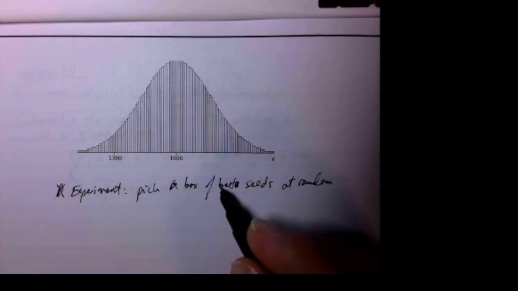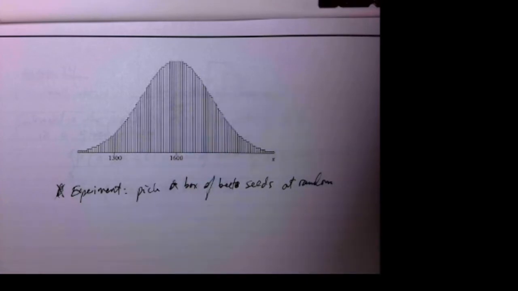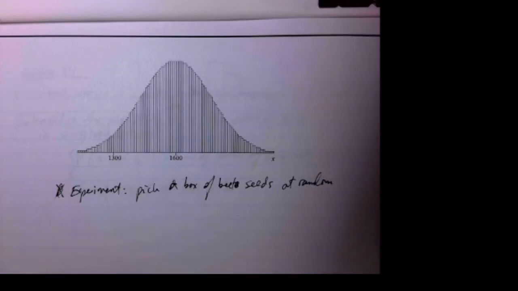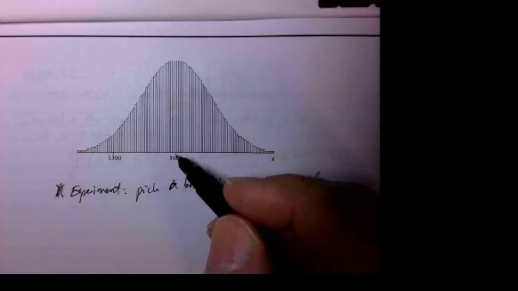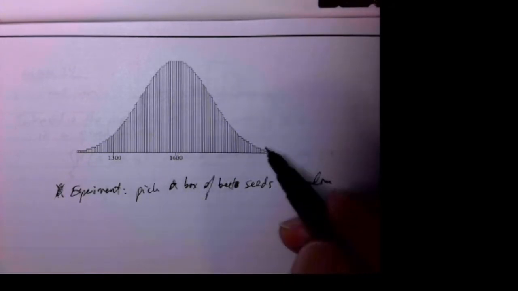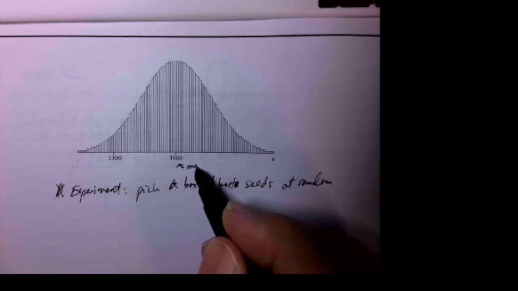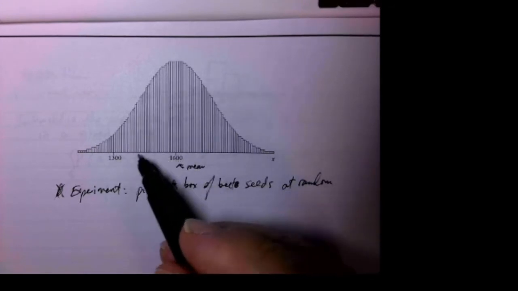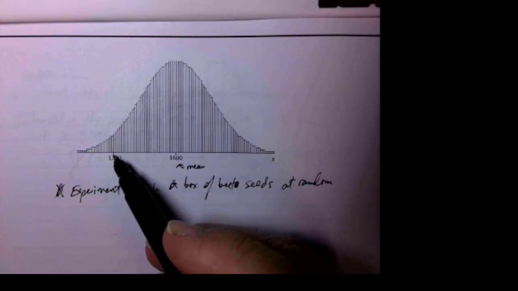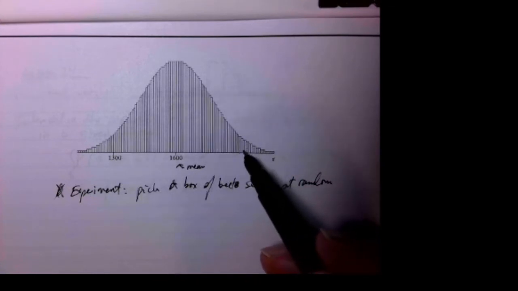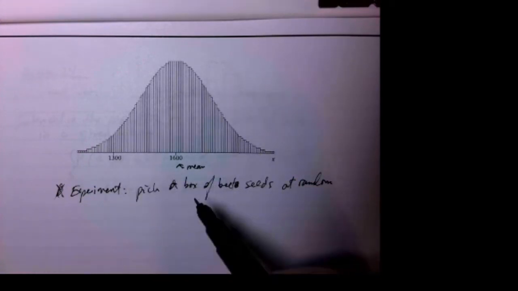Now, beet seeds are very tiny, and boxes of them are filled by weight, not by counting out seeds, and so the number of seeds in each box is going to vary quite a lot. You can see here the mean number is 1600. That's the mean. But there's considerable variation. You're going to find boxes with 1300 and boxes out here with 2000 or whatever.